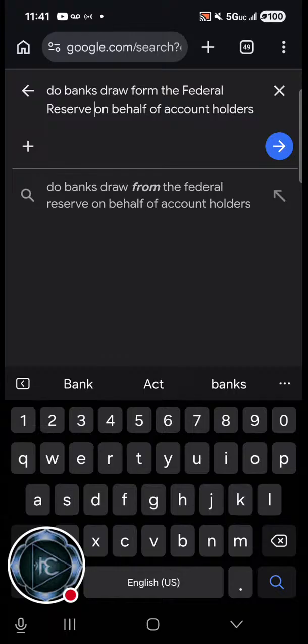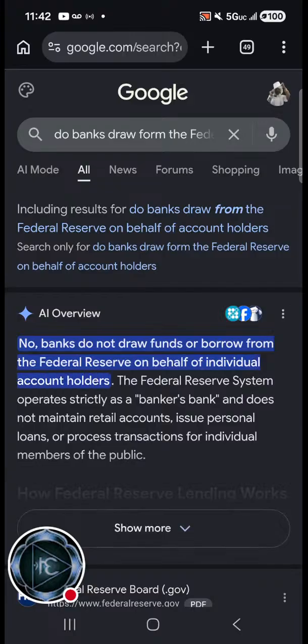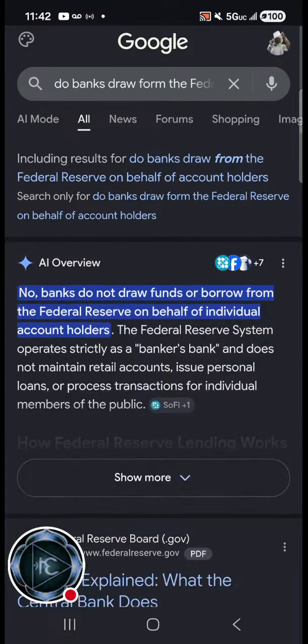What accounts do they have? Hold on, I'm moving the cart before the horse. Okay. Do banks draw from the Federal Reserve on behalf of account holders? This is what I searched before, okay? Let's do it now. No. You see what answers you get?